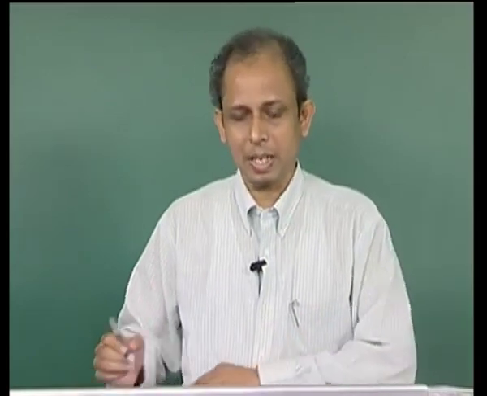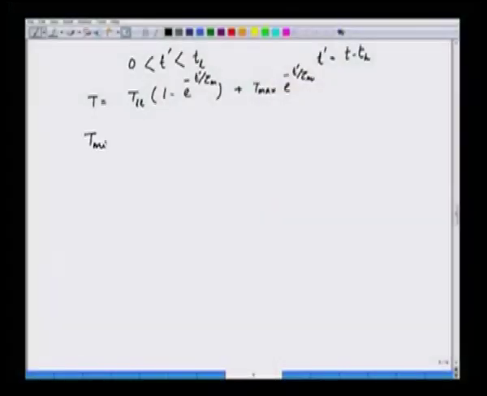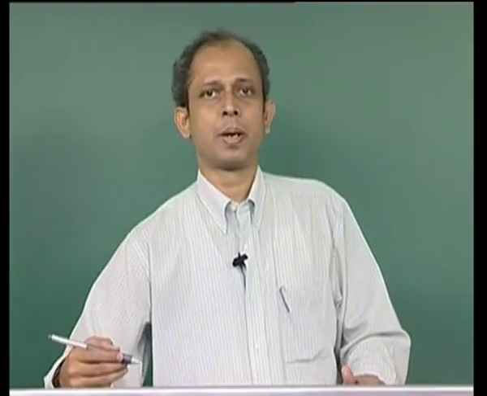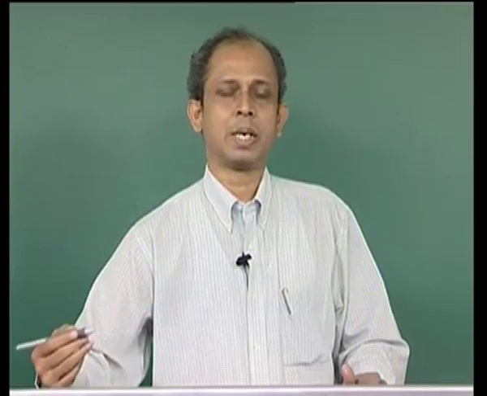So, we can apply that condition here. We can say that T minimum is equal to TLL into 1 minus exponential minus TL by tau m plus T maximum exponential minus TL by tau m. From this we can find out tau m, and when we know tau m, we can very easily calculate the moment of inertia, that is J. In this equation, which is very simple, we will get the same result that we obtained from the other equation.